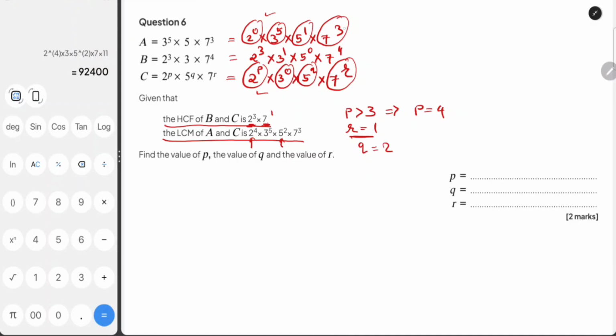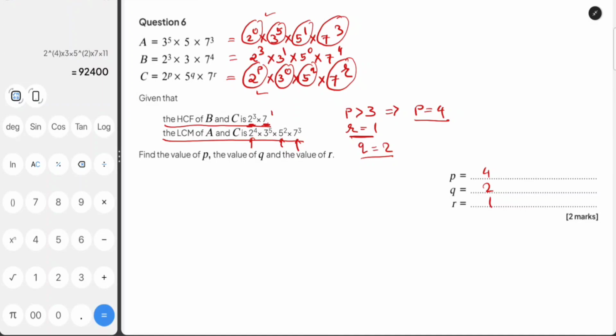So 7 raised to 3 is bigger, and they have considered that only. So we have got all these unknowns: P is equal to 4, Q is equal to 2 and R is equal to 1. This was a twisted and very good question.